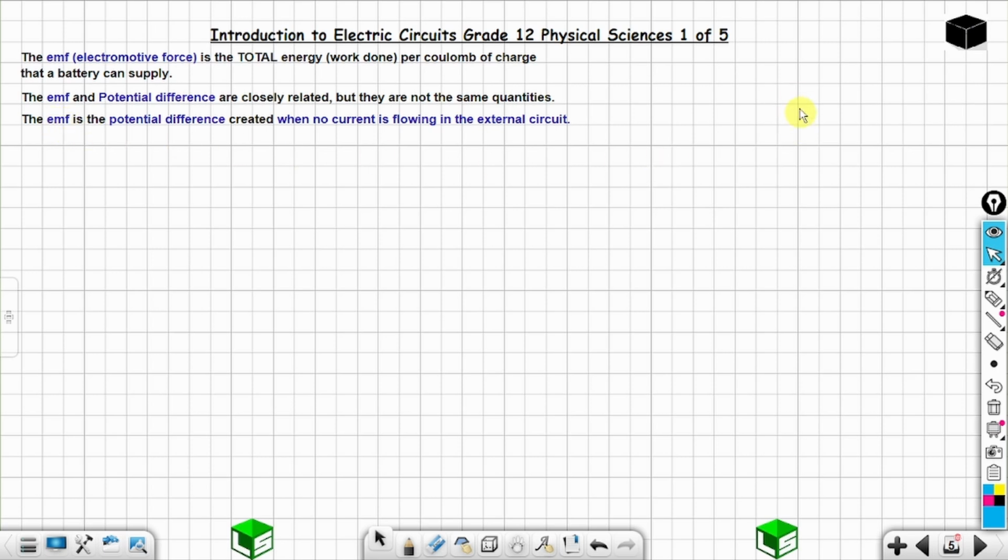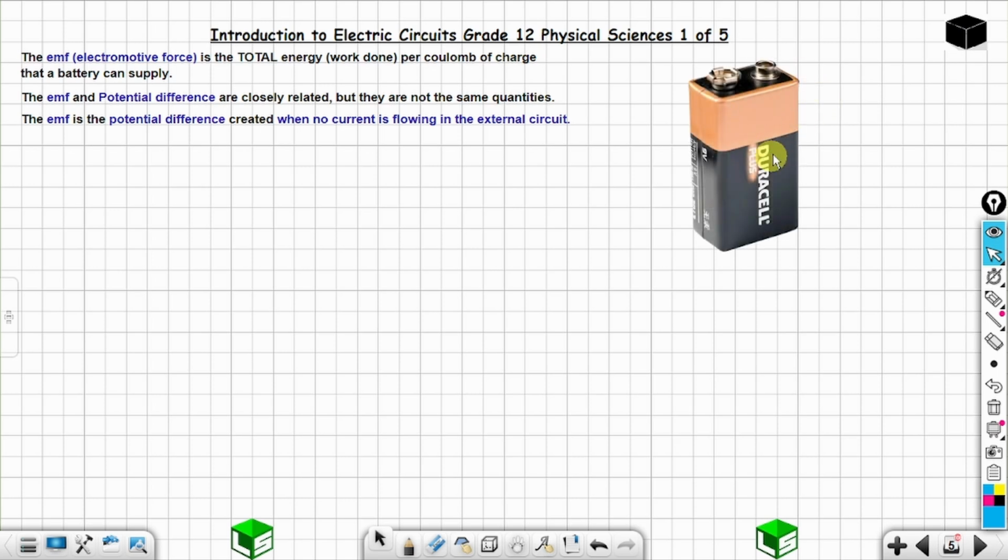If you buy a battery, you are going to see a voltage indicated on the battery. On this battery, you have 9 volts indicated. So this is the EMF of this battery. The EMF of this battery is 9 volts.